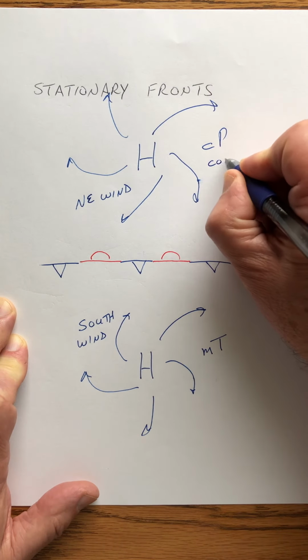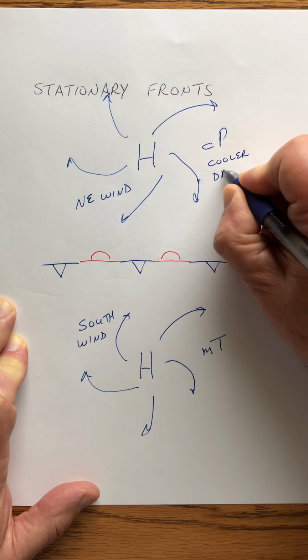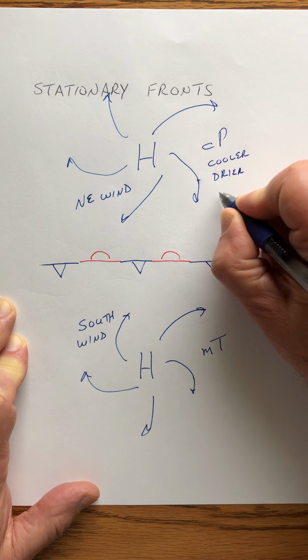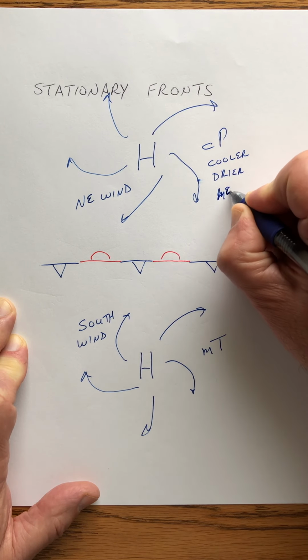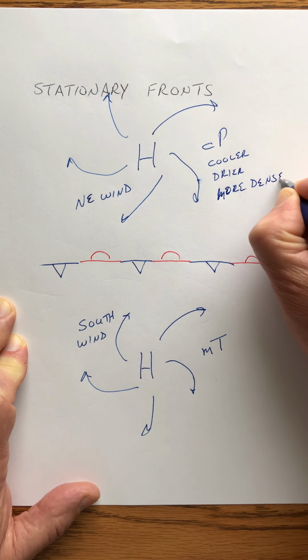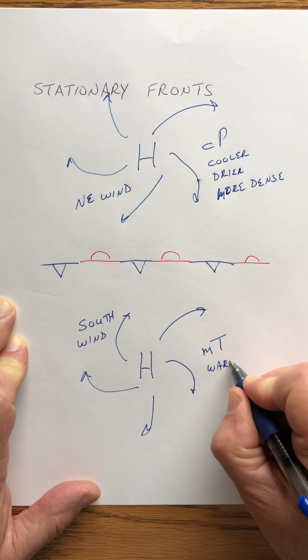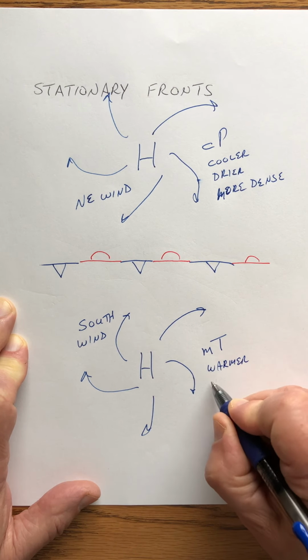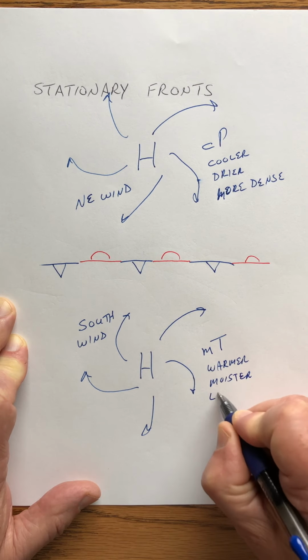This continental polar air is going to be cooler and drier and more dense. And this maritime tropical air is going to be warmer, moister, and if it's warmer and moister, it's going to be less dense.